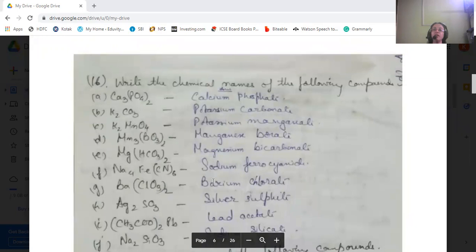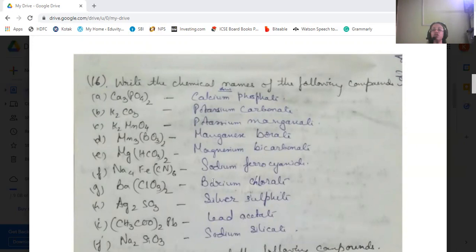Now write the chemical names of the following compounds: Ca3(PO4)2, calcium phosphate; K2CO3, potassium carbonate; K2MnO4, potassium manganate, or you can say potassium permanganate; Mn3(BO3)2, that is manganese borate.